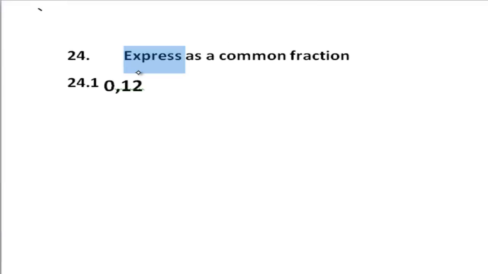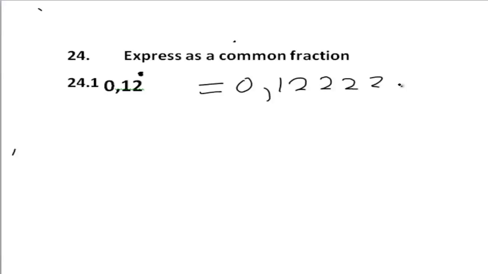This problem here is a recurring decimal that we need to convert back to a common fraction, and this is 0.1 with the 2 recurring. Expressed as a common fraction, we can rewrite this as 0.12222, where the 2 continues indefinitely.